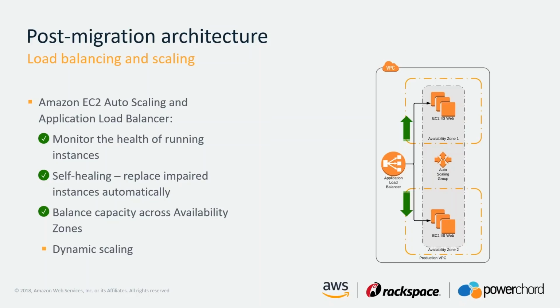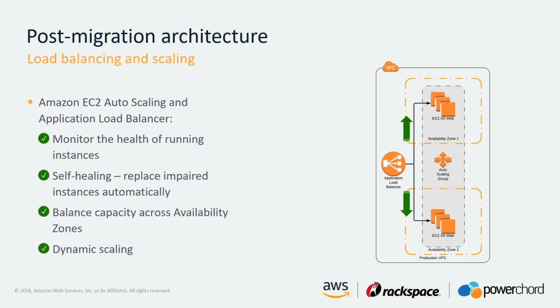Another major advantage is the ability to balance across availability zones. What this means is that newly launched instances will be sent into another availability zone to keep that even, so that in the event of a failure, you're still working with the proper amount of EC2 instances.